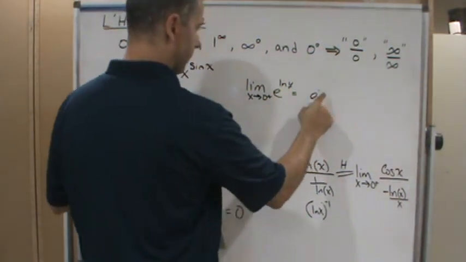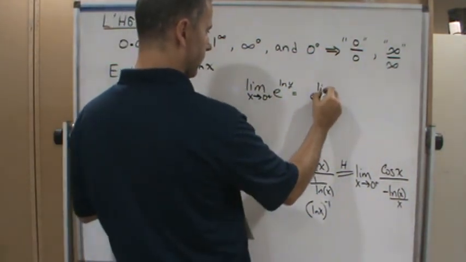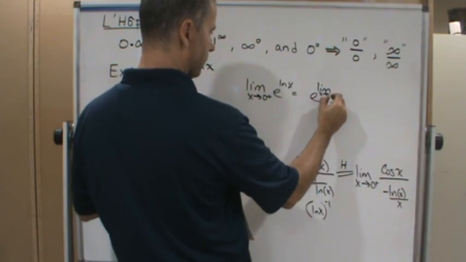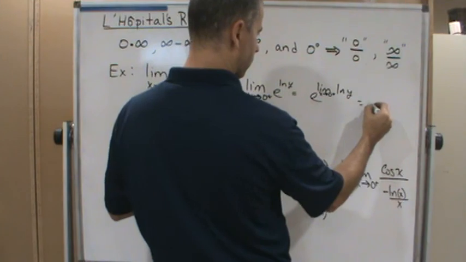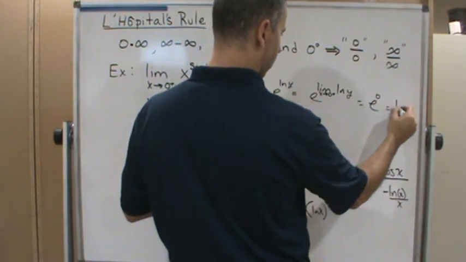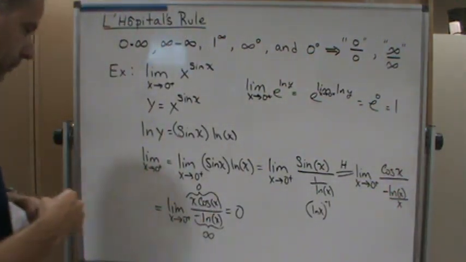Let me write it this way, which is equal to e to the limit as x approaches 0 of the natural log of y, which equals e to the 0, which equals 1.